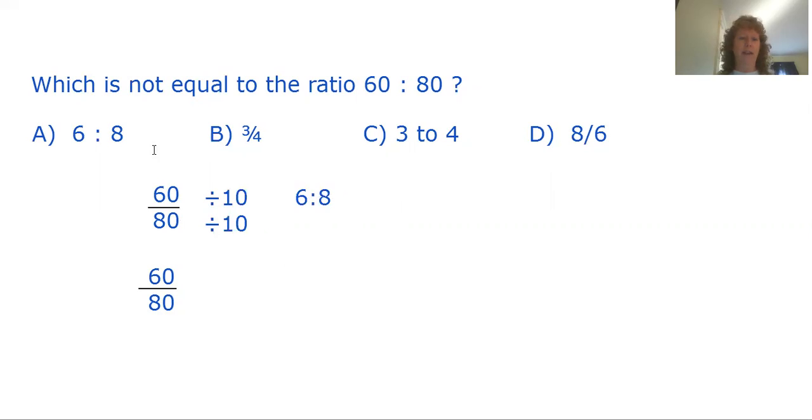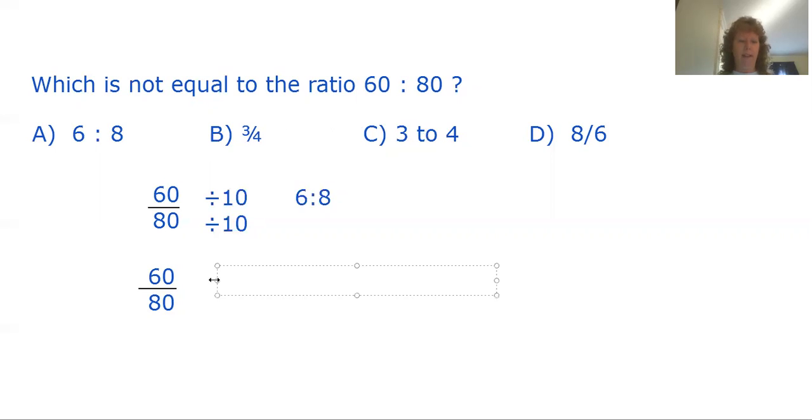So let's try to reduce by another amount to get 3 to 4. If reading this problem, you would think that was probably a correct answer. They wouldn't have put it on there twice if it wasn't. You couldn't pick which one answer is not equal if these two are the same. But let's see how they got the 3 to 4.